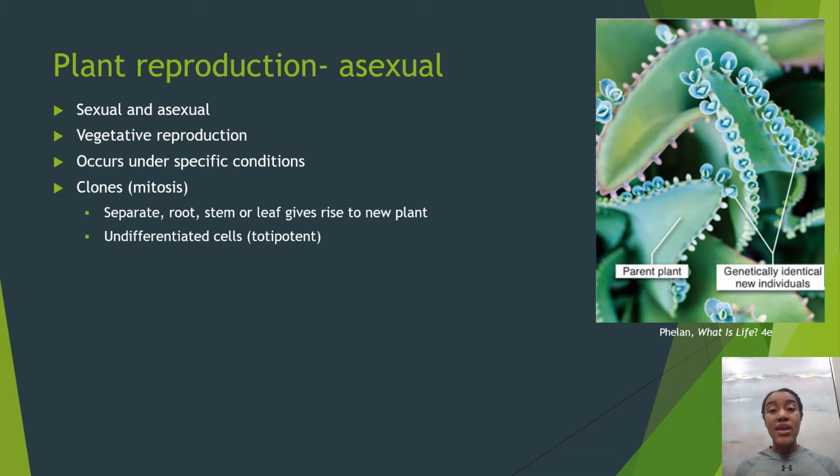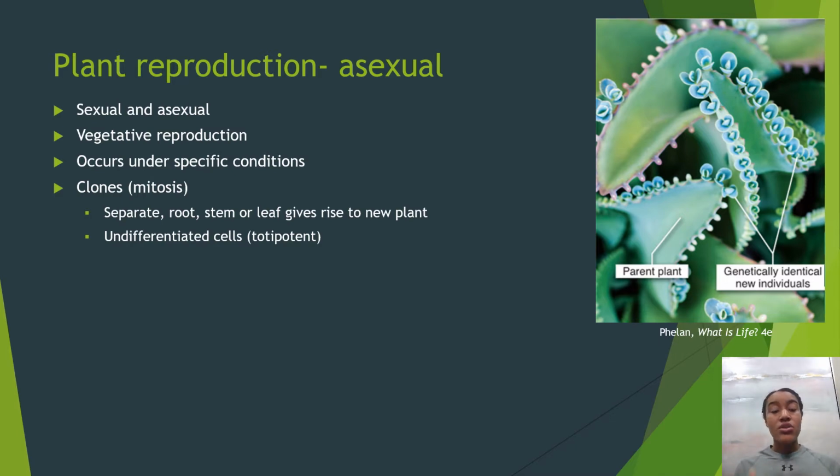So they're genetically the same as the parent plant, and they are a result of mitosis, not meiosis. In sexual reproduction, to give rise to an offspring, two haploid gametes meet to form a diploid zygote. In asexual reproduction, it undergoes mitosis. So a somatic cell is basically differentiating into the offspring.